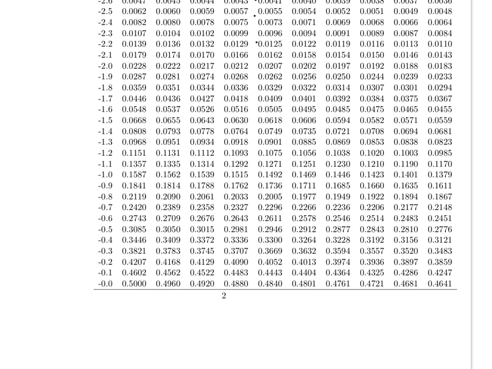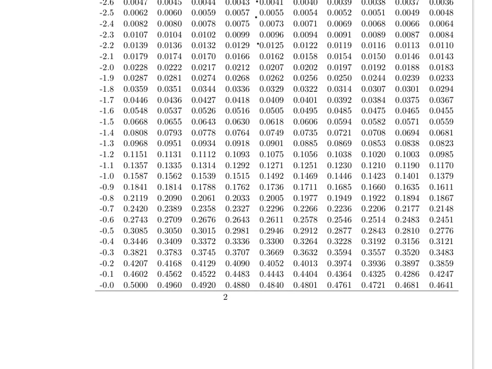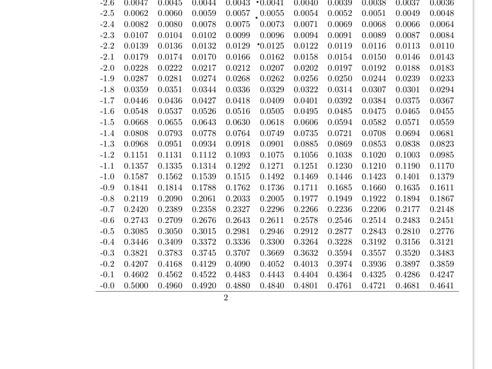I want 23, the closest hit to 2300. Okay, there's 2236. No, not quite. How about 2296? That looks pretty close. So I think I'm going to take that one.